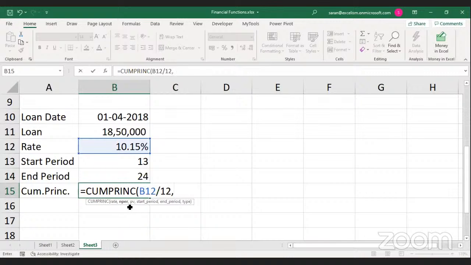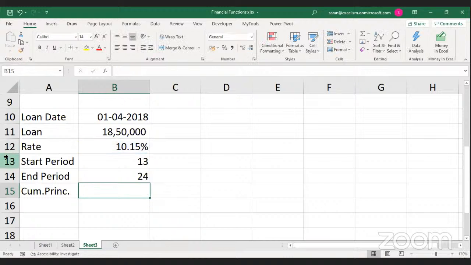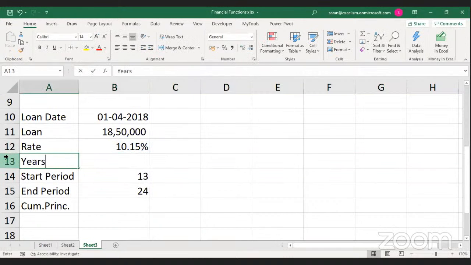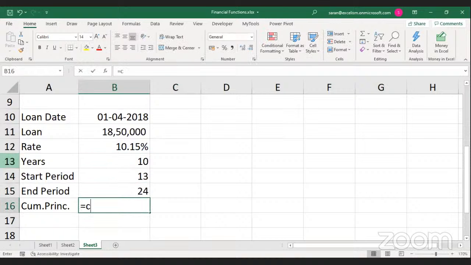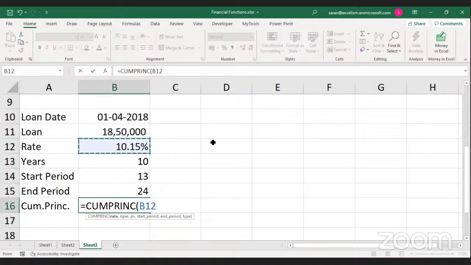And number of periods. I think I have not given this. One second. You know that he's going to pay over 10 years. So this is going to be the 10 years. Let me take CUMPRINC. The rate of interest is this divided by 12.